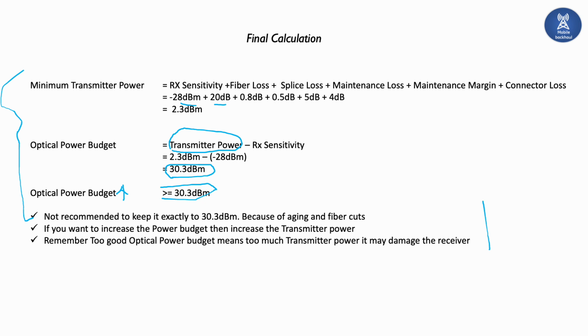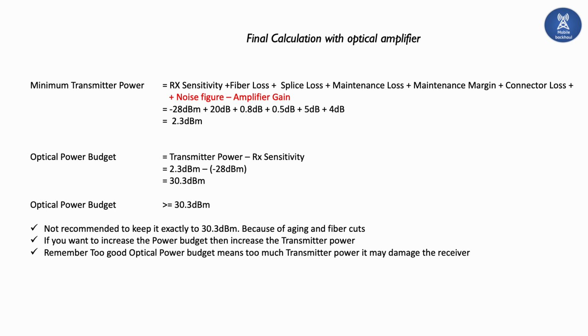Okay, this calculation is for a system without any optical amplifier. For example, in our system, we have an optical amplifier in between city A and city B. In that case, how do we calculate it? We slightly change the formula and introduce two concepts.